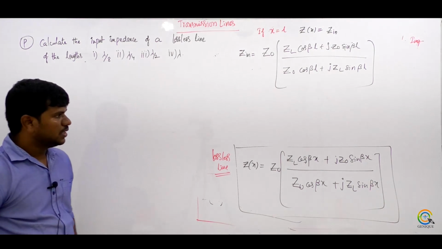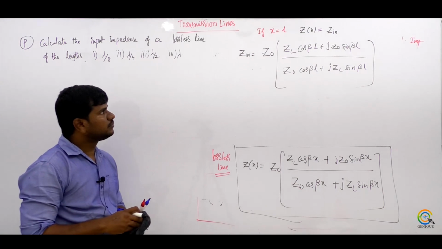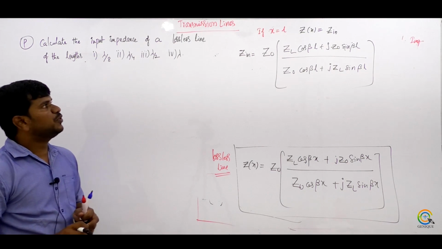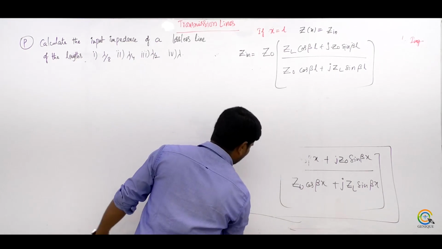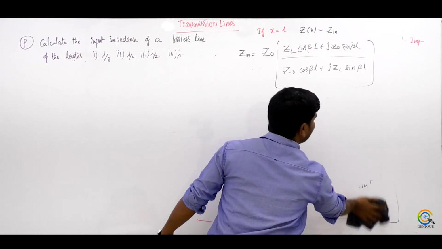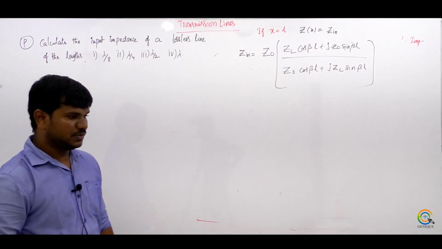Okay. So like this. This is the input impedance expression for any lossless line. This is called the input impedance expression for any lossless line.